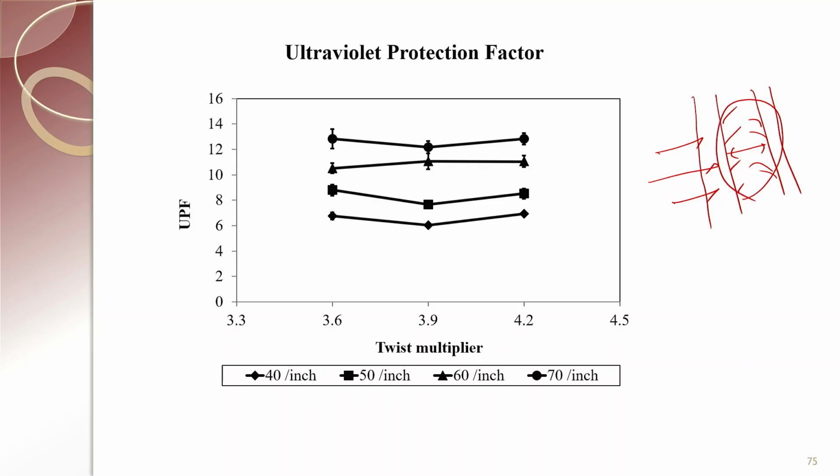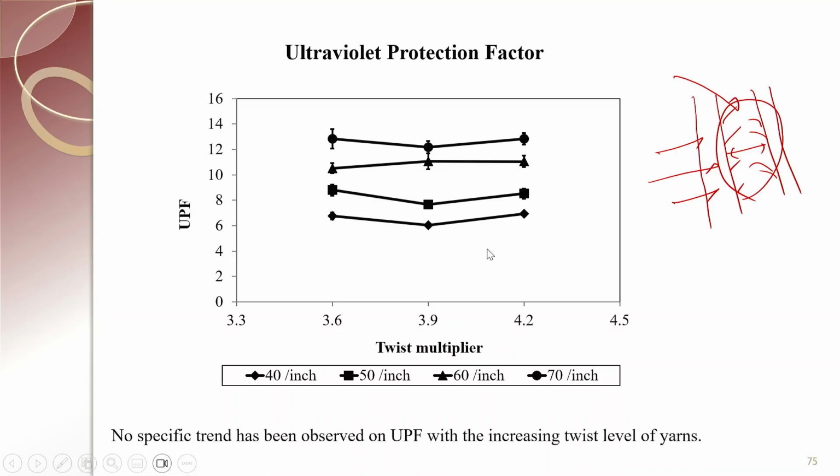So, these opposite phenomena come together, and that results in an insignificant effect of twist multiplier on UPF of fabric. So, no specific trend has been observed on UPF with increase in twist level. That was our observation.